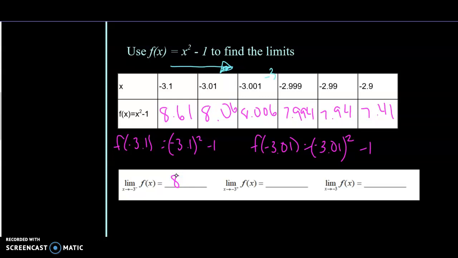As it is approaching -3 from the positive side, so from the right side, what is my y approaching? My y is approaching 8 as well. Notice how in this case both values are the same. So as it is approaching -3, my y is approaching 8. See how this is different from before? They're both the same, so there is a limit there.